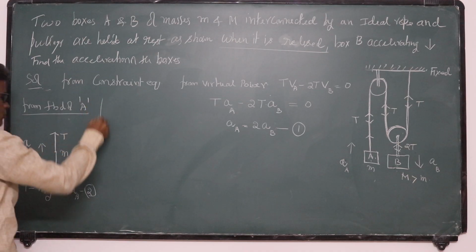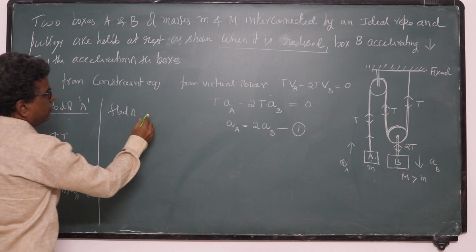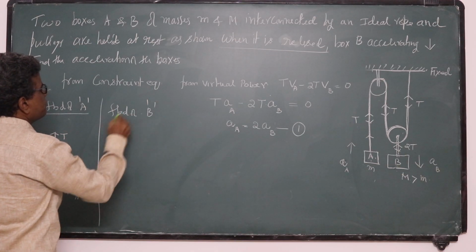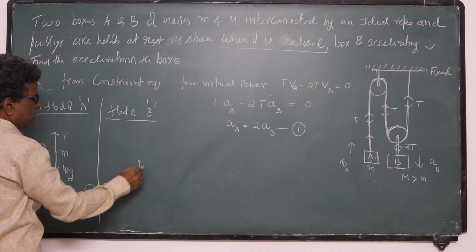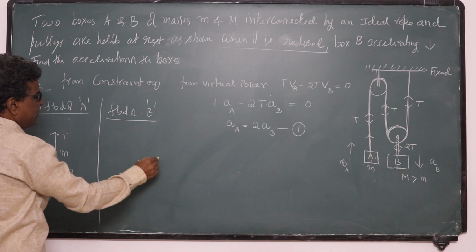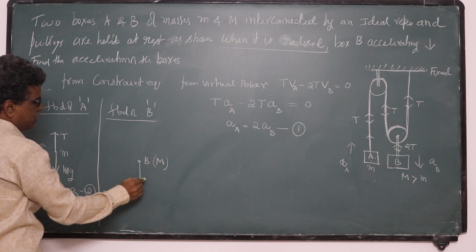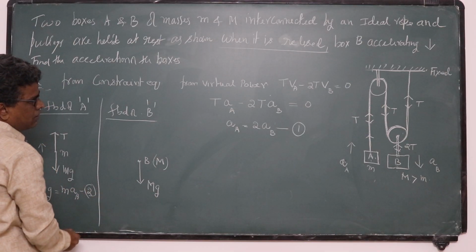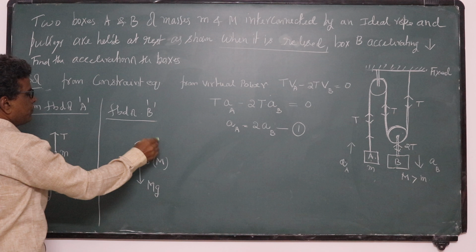And you draw the FBD of box B. Box B is moving down, having the mass capital M, so its weight acts vertically downwards and this 2T is acting vertically up.